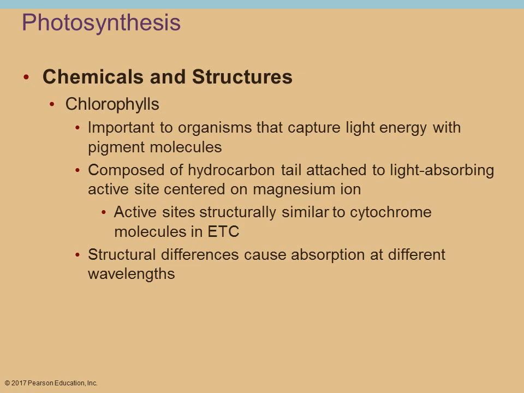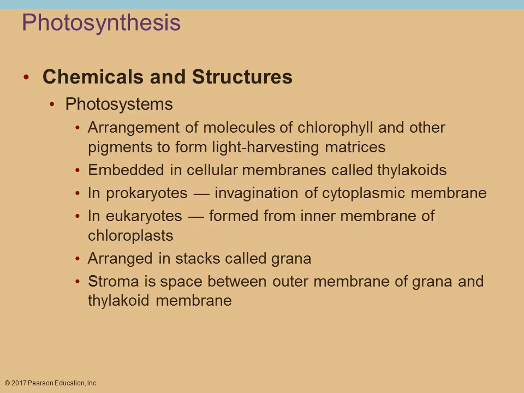Chlorophyll is what gives plants that green pigmentation in their leaves. And some bacteria, certainly algae, also have chlorophyll. So it's not just plants that have that chlorophyll. It enables them to capture that light energy, that solar energy in those pigments, and then start the process of photosynthesis.